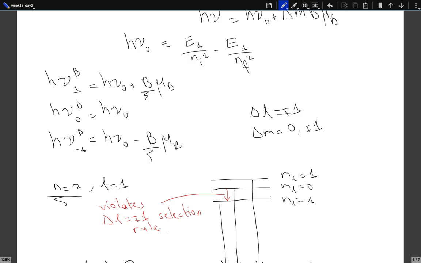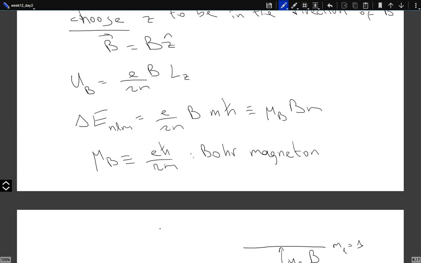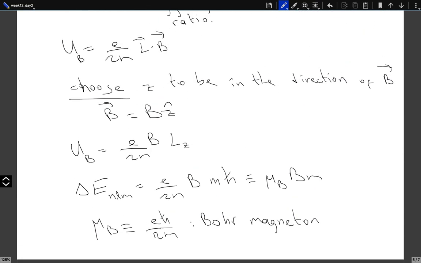What do you mean, only in the z-axis? Okay. Why? Well, you see, what is the z-axis? Arbitrary. Choose it whichever way you like.